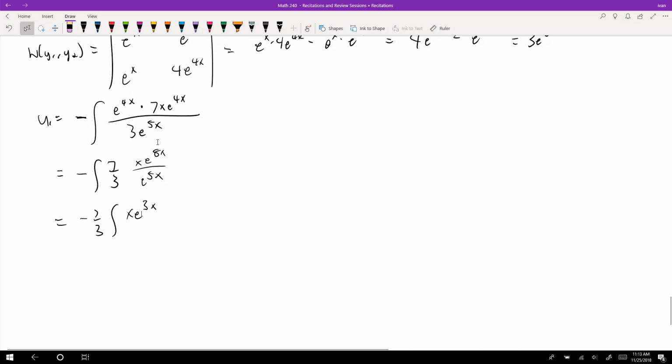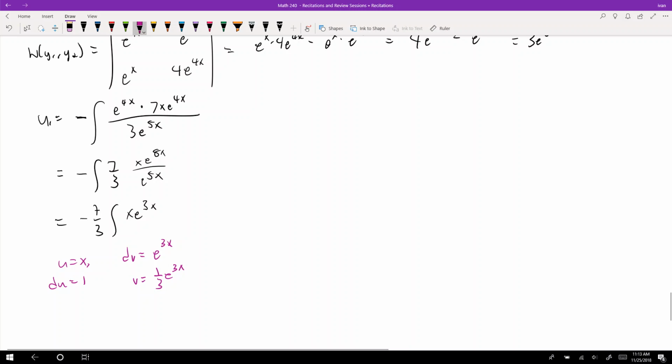It's not the best integral. You actually have to integrate this one by parts. So I'll do one here just because. We're going to use a different color. Let u equal x, dv equals e to the 3x. du is equal to 1, and v would be 1/3 e to the 3x.